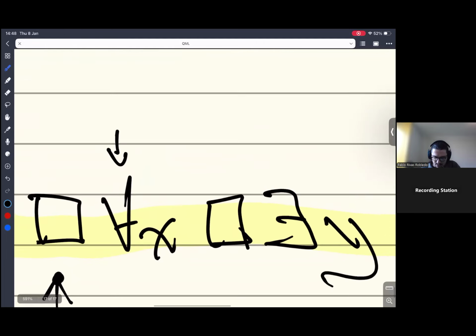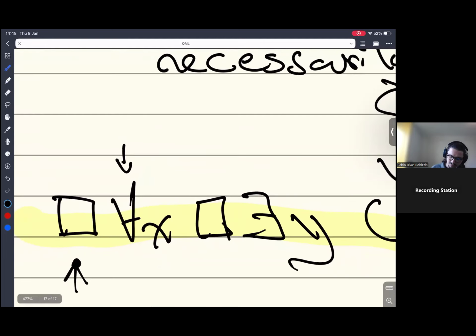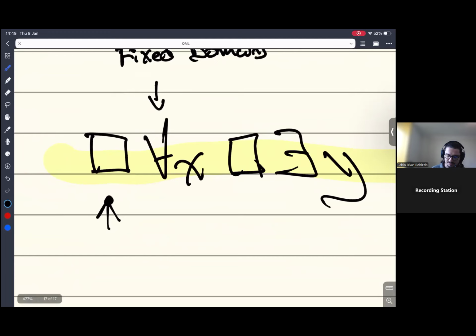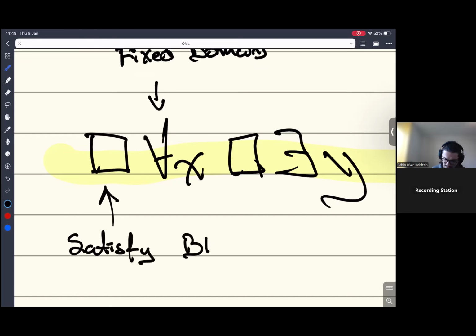About the quantifiers, it should tell you that we're talking about fixed domains. And if I ask you what this is telling us about the modalities, it is that this is going to satisfy the Barcan and converse Barcan formulas.